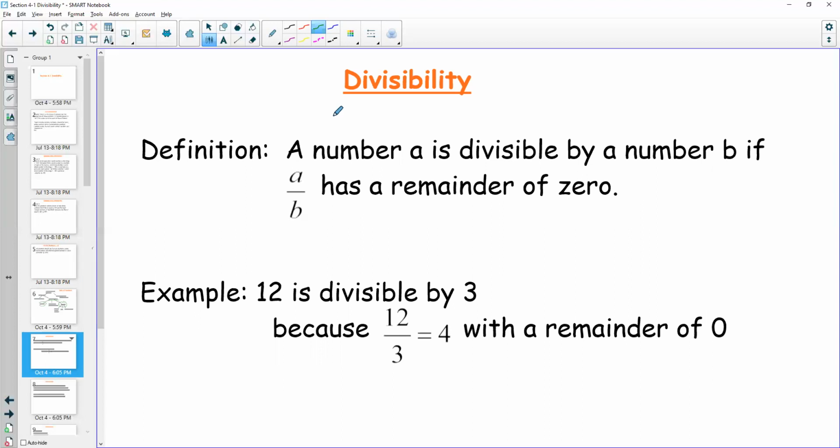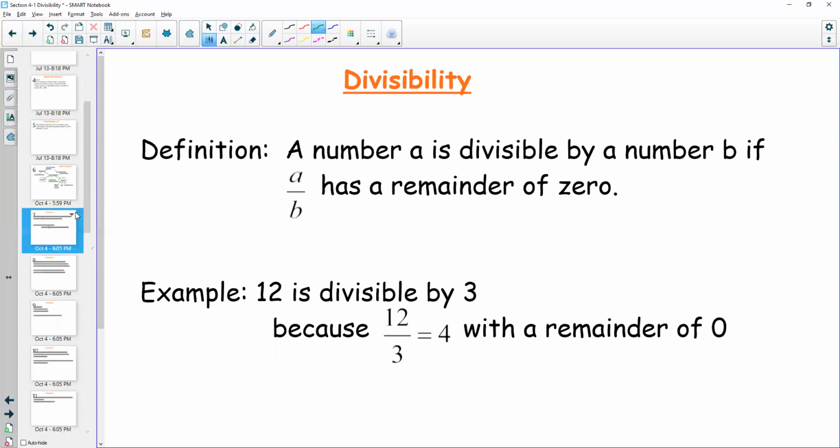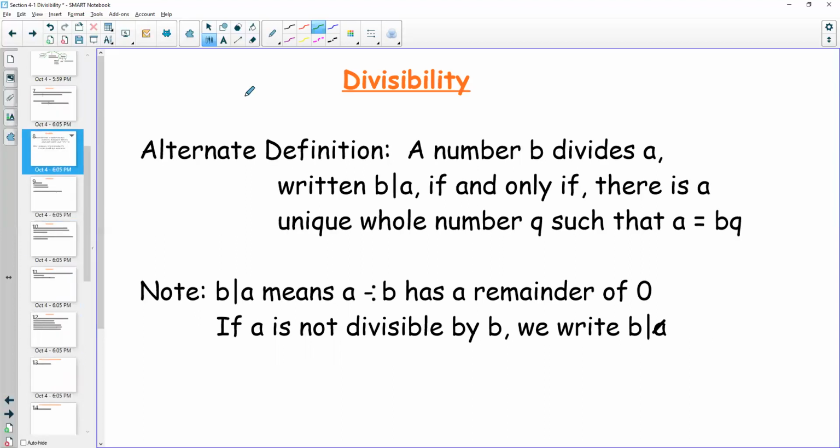You can divide anything into anything else, but if you have extra, they're not technically divisible. 12 is divisible by 3 because 12 divided by 3 is 4. There's nothing left over. There is another way to think about this and define it.